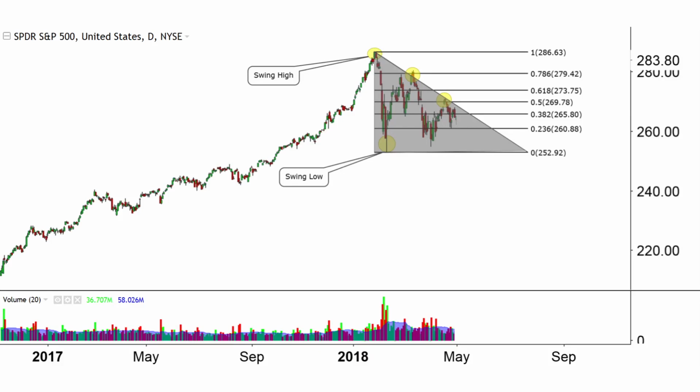Here I highlight the triangle in gray for illustrative purposes. Most charting platforms only have the diagonal line and do not have the shaded or colored region like this triangle. In any case, the triangle is quite easily visible without shading or colors.